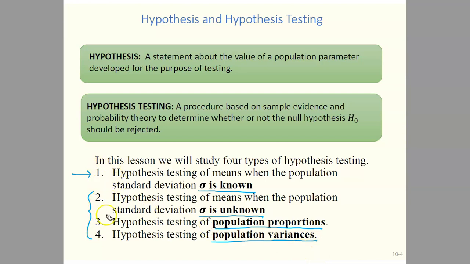So that's the four types of hypothesis testing that we're going to cover in this module. And in this video, we're going to be discussing this type of hypothesis testing, and we're going to develop a technique for this type.